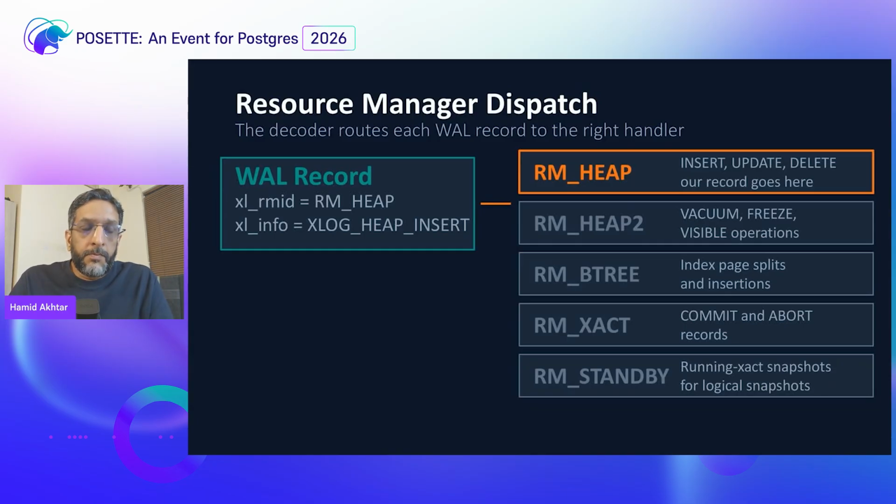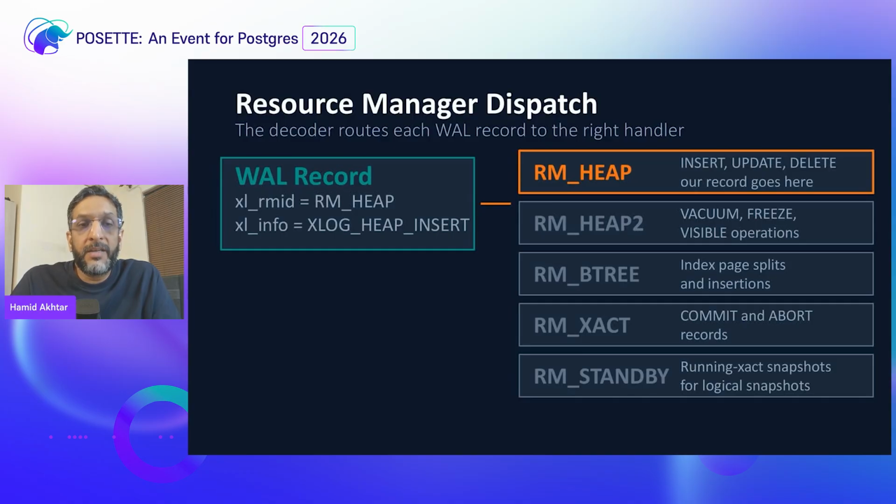So what happens here is that when the WAL sender sees that there's more WAL for it to receive, it reads that WAL, and then it sees that this WAL can be processed by this particular resource manager, RM heap in this case.